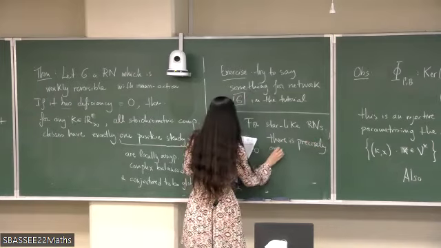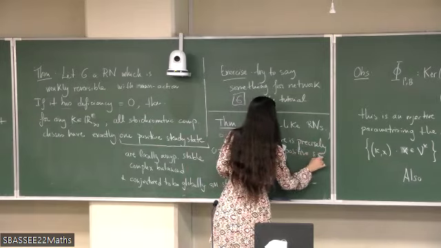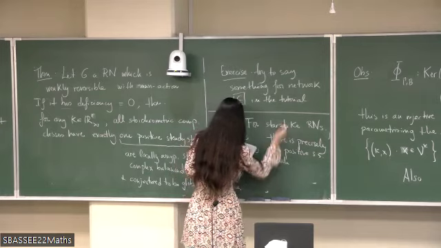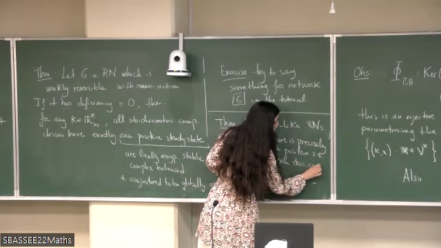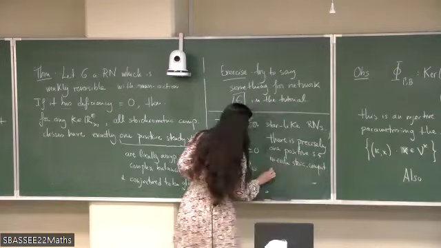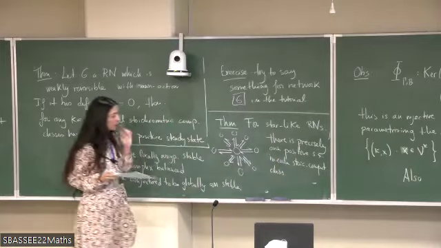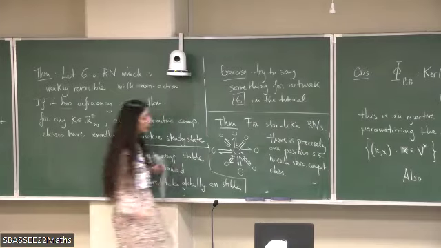There is precisely one positive steady state in each positive stoichiometric compatibility class. Actually, those networks are weakly reversible.